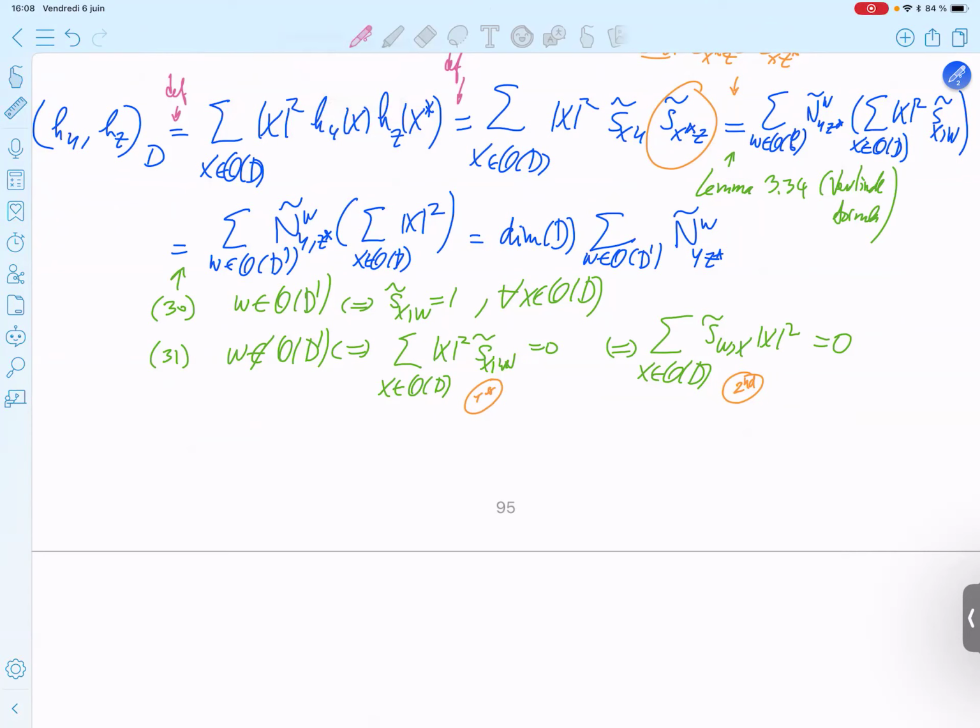This is equal to 0. By assumption, everything is equal to 0. By assumption, Z is not a sub-object of Y tensor W. So the multiplicity space Y W Z is equal to 0.